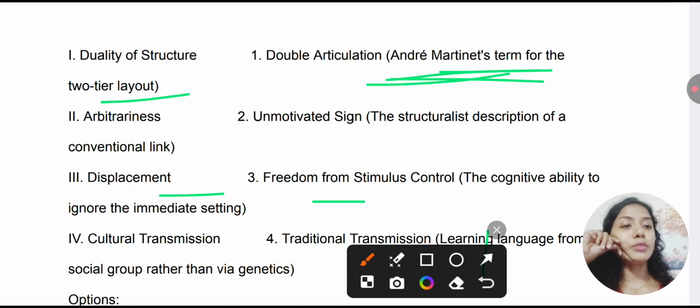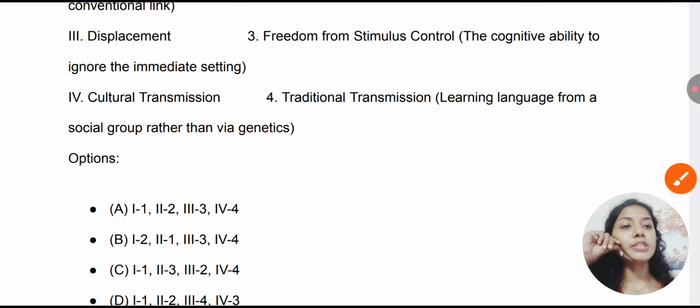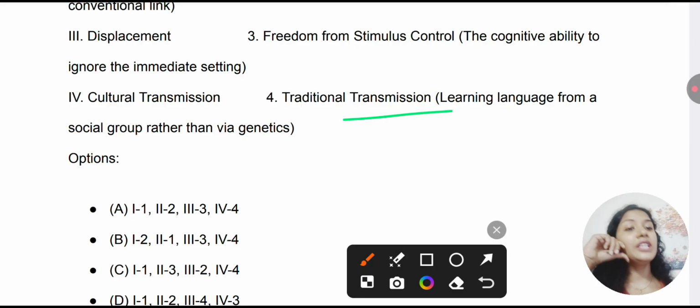Displacement, freedom from stimulus control. Cultural transmission means there is a traditional transmission. It means learning language from a social group rather than via genetics. So instead of learning everything from our ancestors and parents, we are learning from the social group.